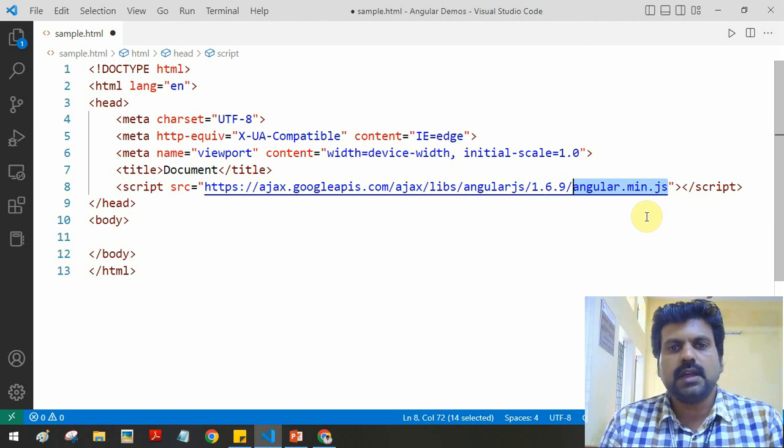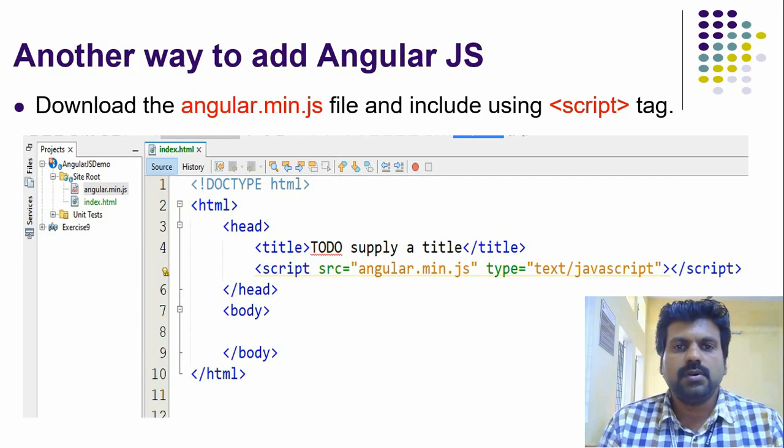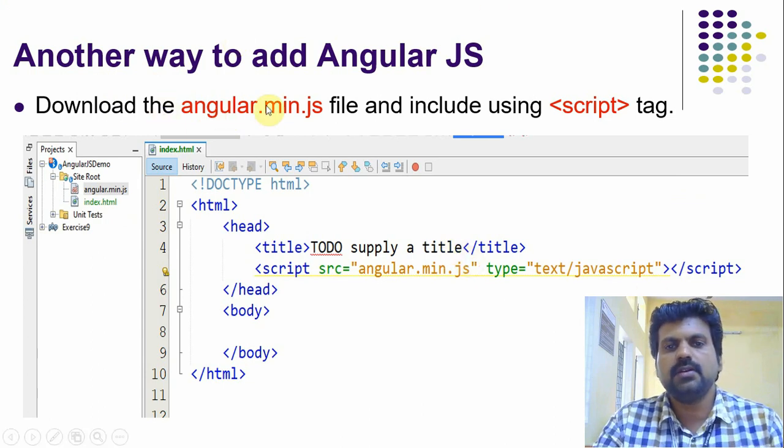Now let us understand how we can utilize the different functionalities of this AngularJS framework. Another way is to download the angular.min.js file and keep it inside your project directory.